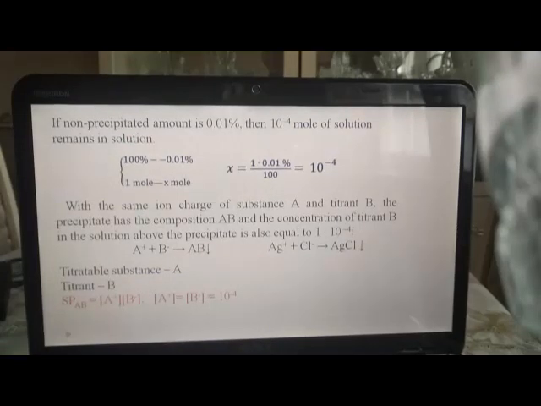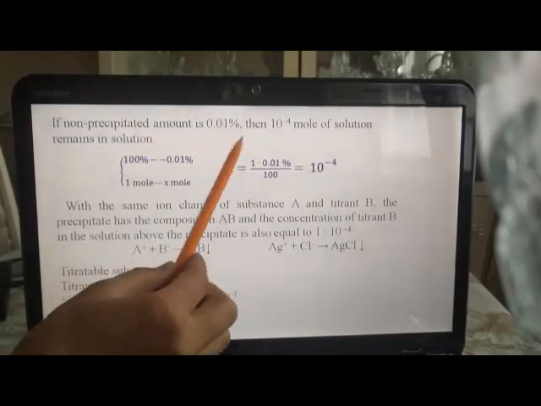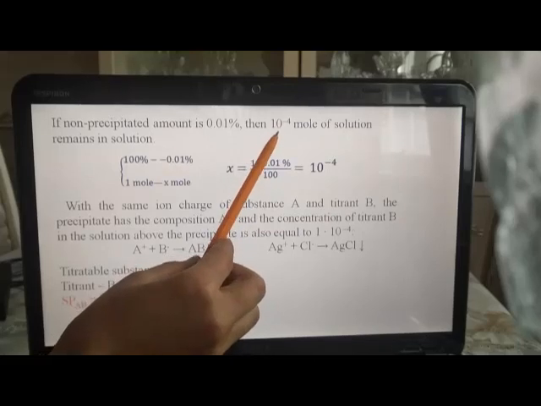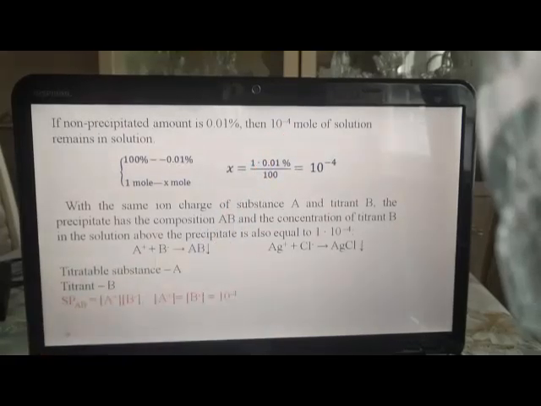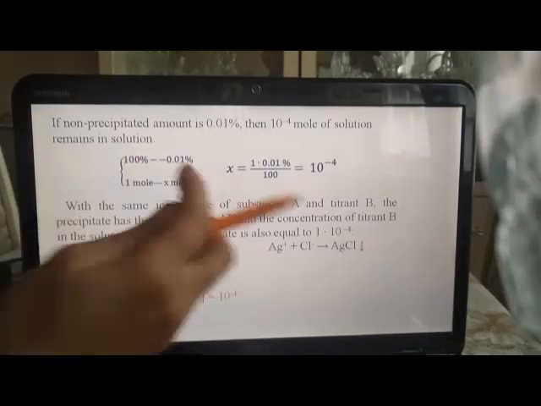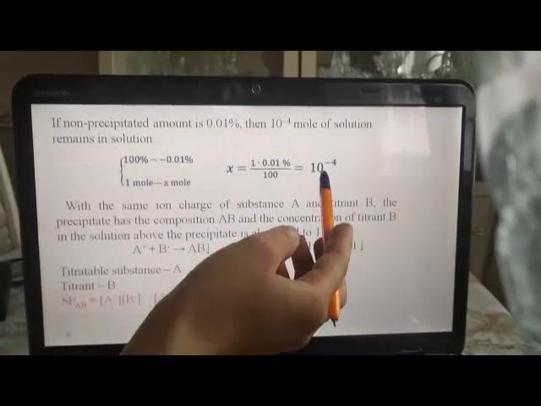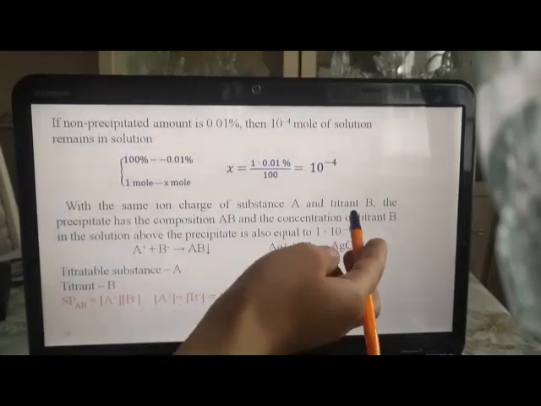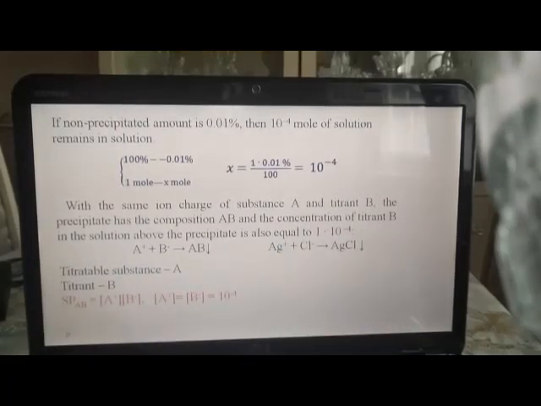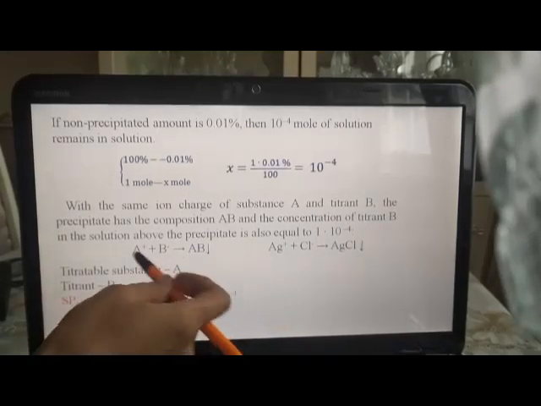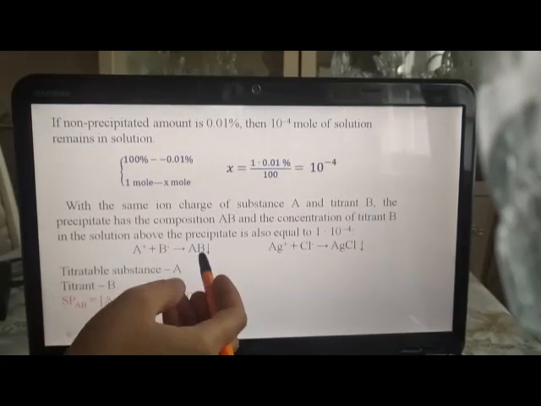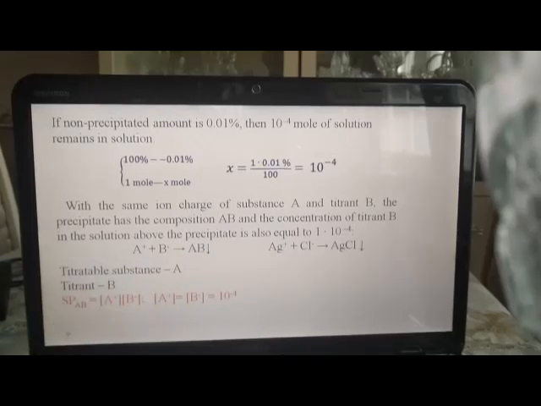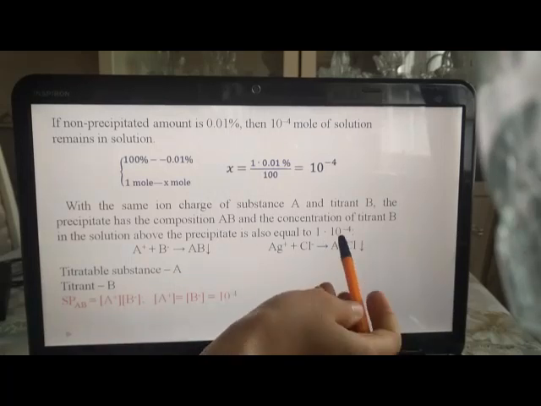If the non-precipitated amount is 0.01%, then 10^-4 mole remains in solution, and from the proportion we find that X is equal to 10^-4. With the same ion change of substance A and titrant B, the precipitate has a decomposition AB. For example, we see it from the equation, and the concentration of titrant B in the solution above the precipitate is also equal to 10^-4.